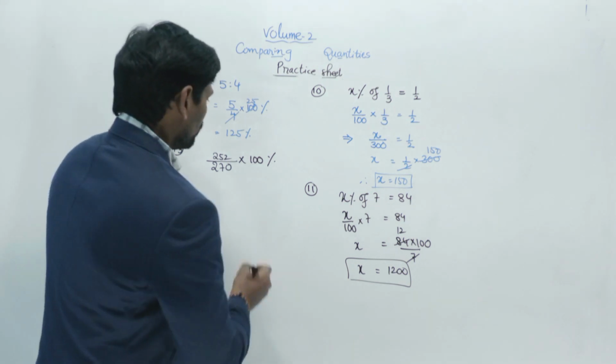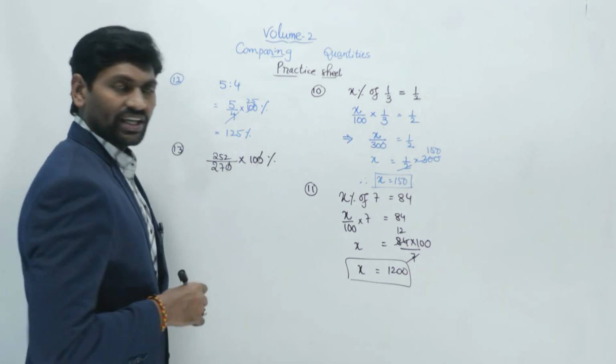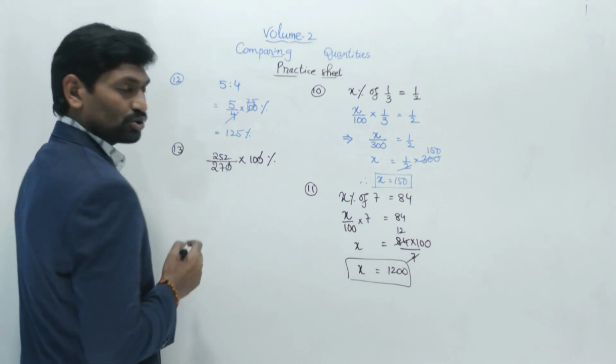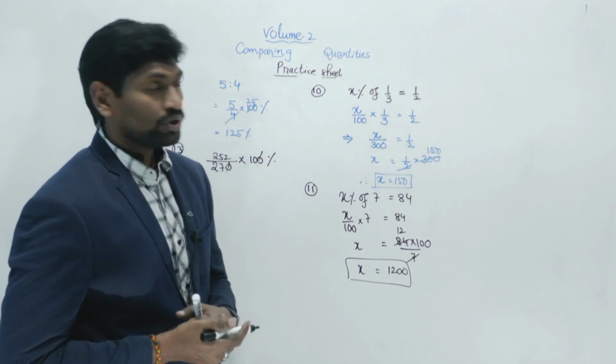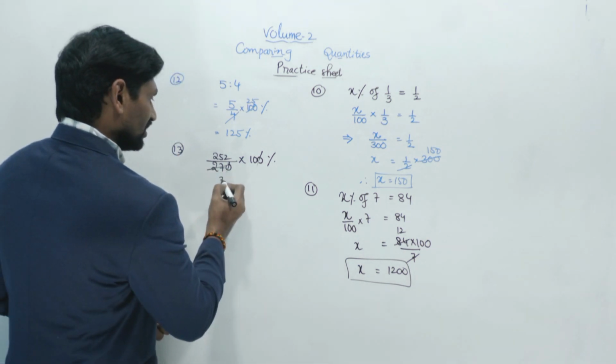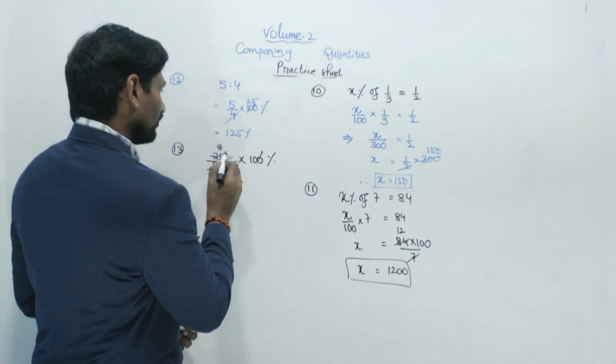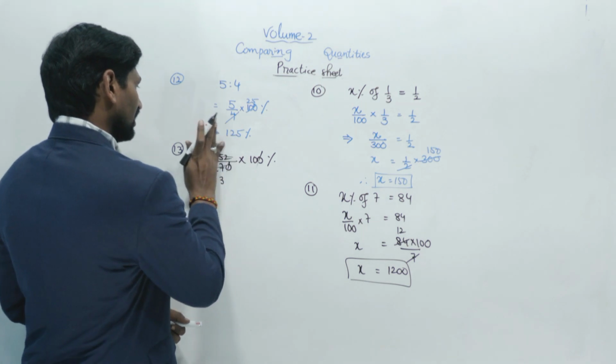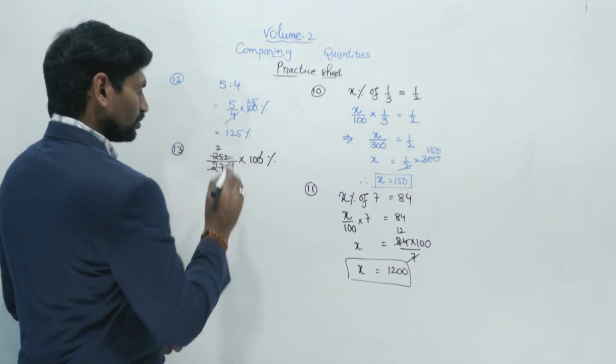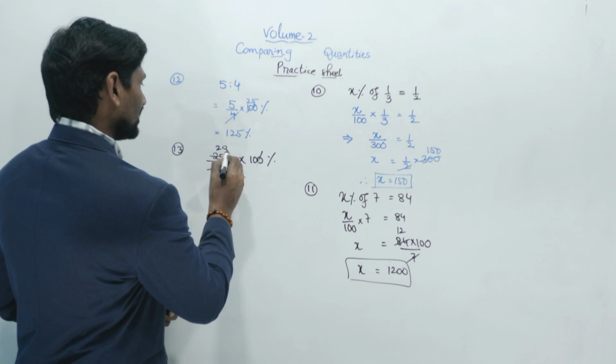So numerator 10, denominator 10 cancel. And these two, 252 and 27, both come in the 9 table. This is 9 table 3 times. And here 9 table: 9 2s are 18 and 9 8s are 72.